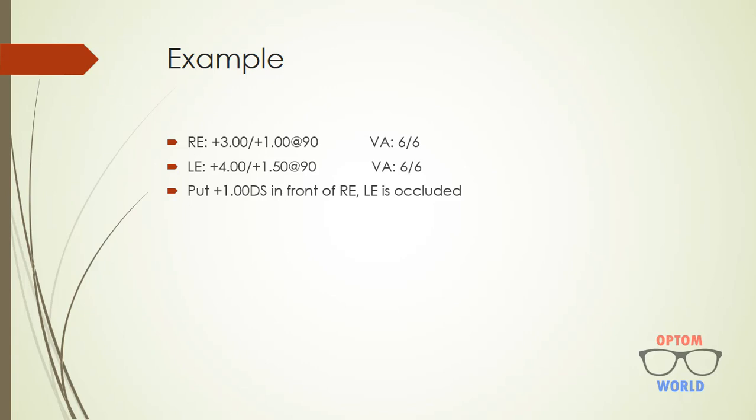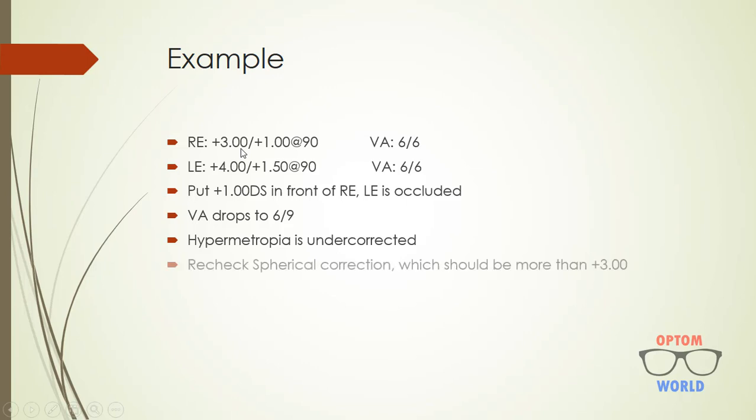So put a +1 diopter lens in front of the right eye, with the left eye occluded. The visual acuity drops to 6/9. We are expecting that visual acuity will drop to 6/18, but in this case it comes out to be 6/9. It means that in this case hypermetropia is undercorrected. Recheck the spherical correction, which should be more than +3.